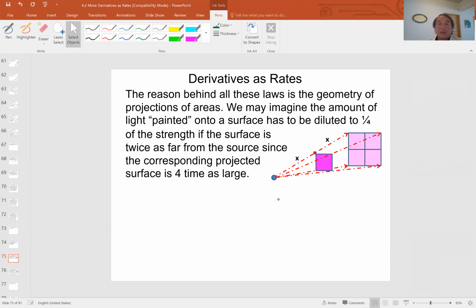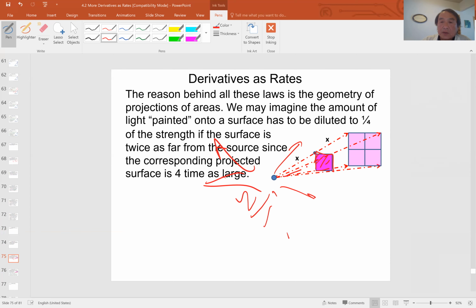If we have an energy source expanding outward in three-dimensional space, then at a particular area that's distance x from the source versus distance 2x, the amount of energy at distance x on the surface is going to be scattered into 4 pieces, 2 squared.